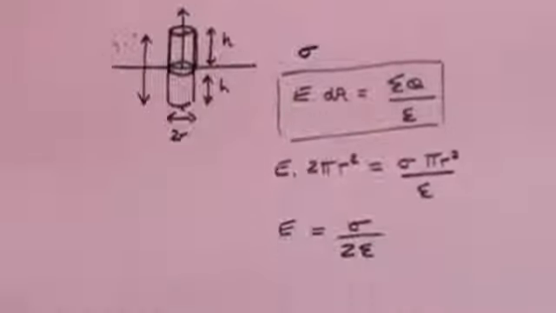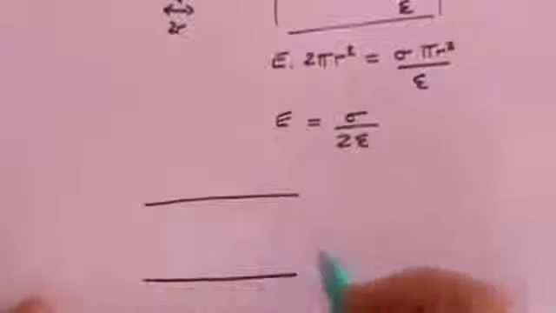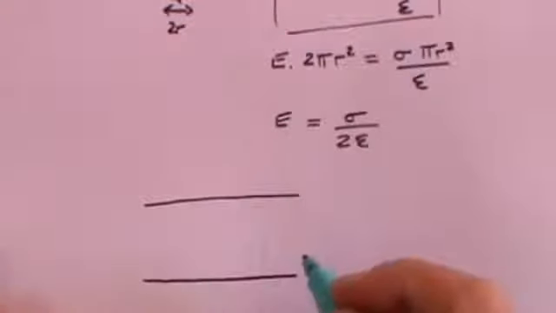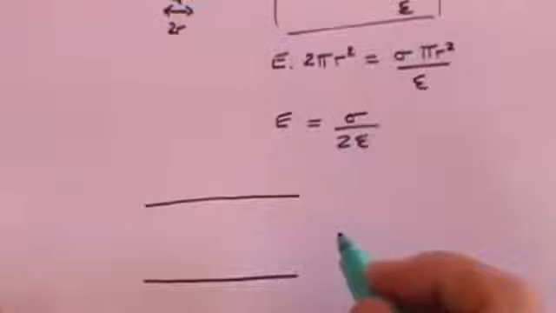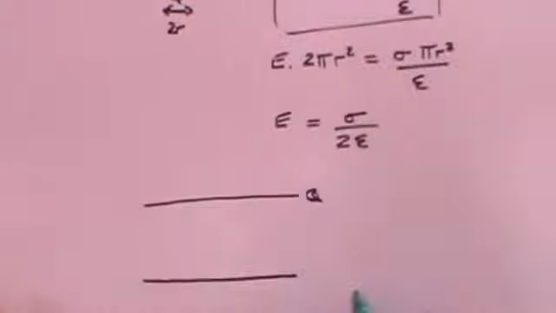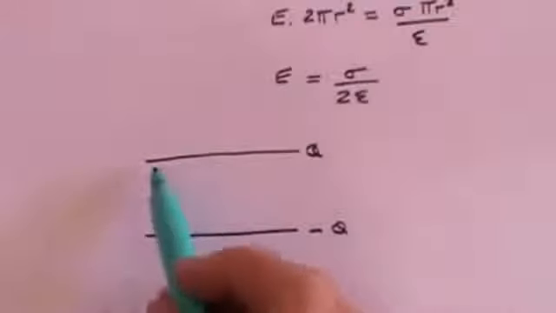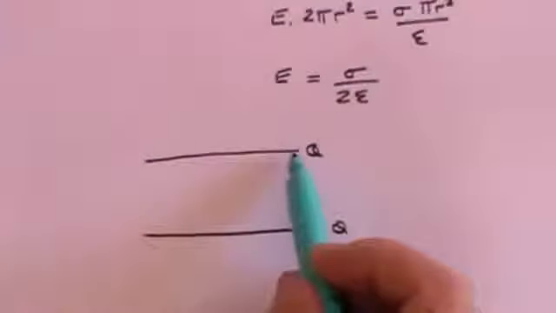So now we consider the position where you have two plates and a difference in charge. Let's say we put plus Q on that plate and minus Q on that plate. What will the effect be? Well, let's consider firstly just the top plate.